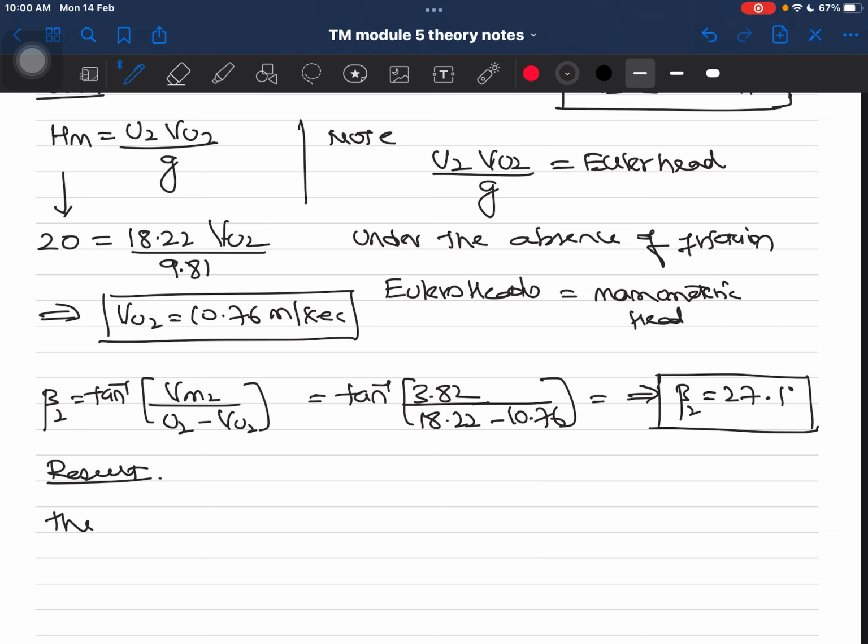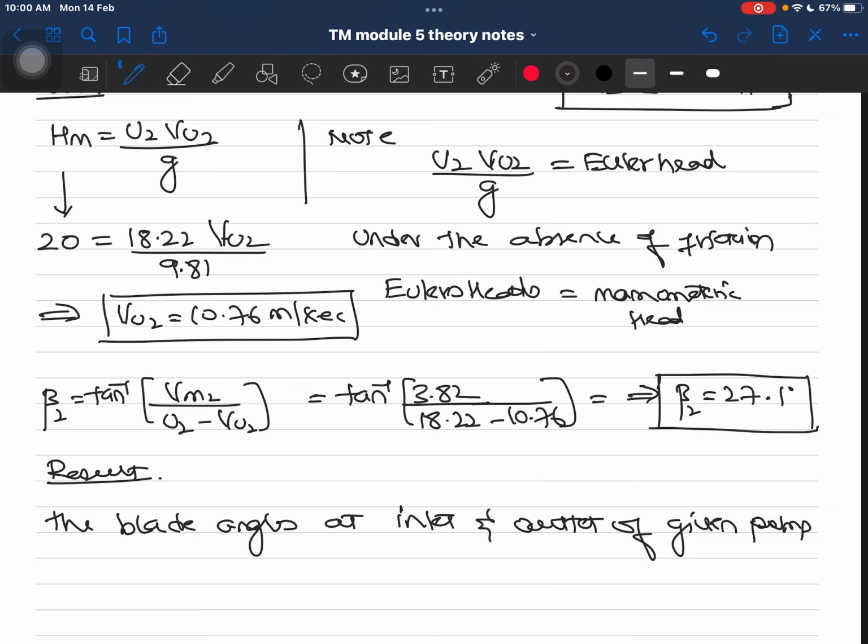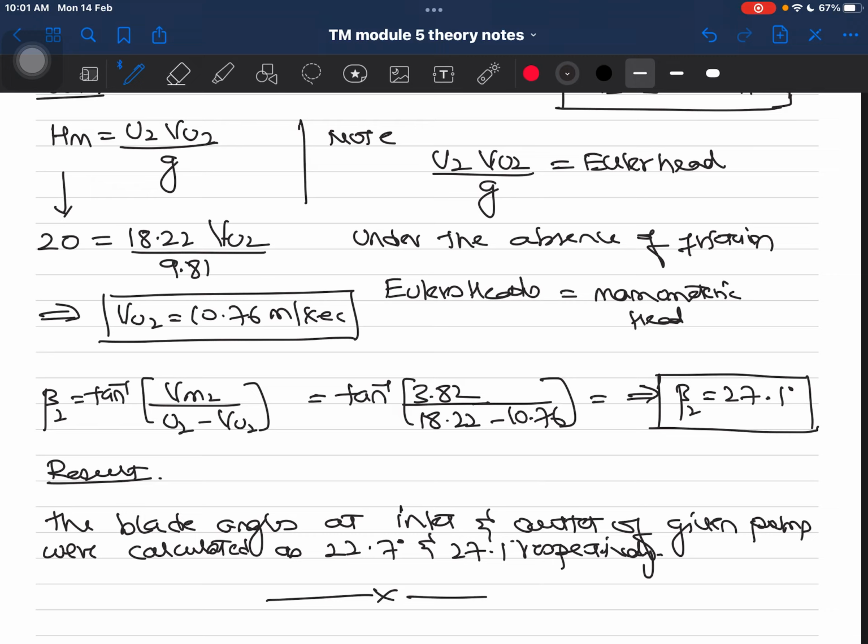Just write: the blade angles at inlet and outlet of the given pump were calculated as 22.7 degrees and 27.1 degrees respectively. After you write a result statement, you can end your problem.